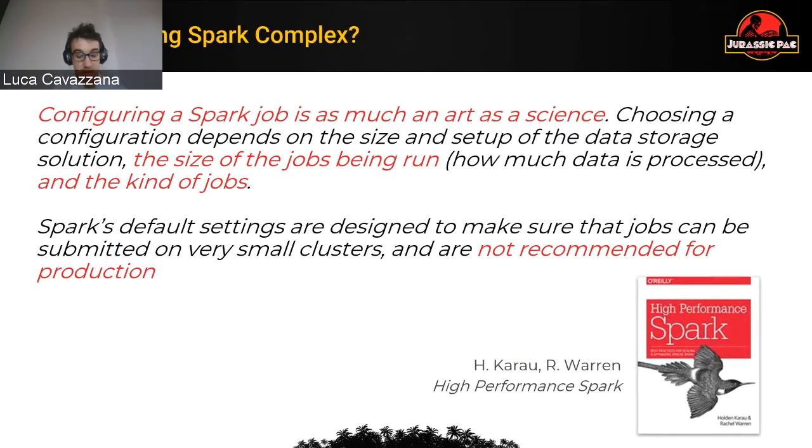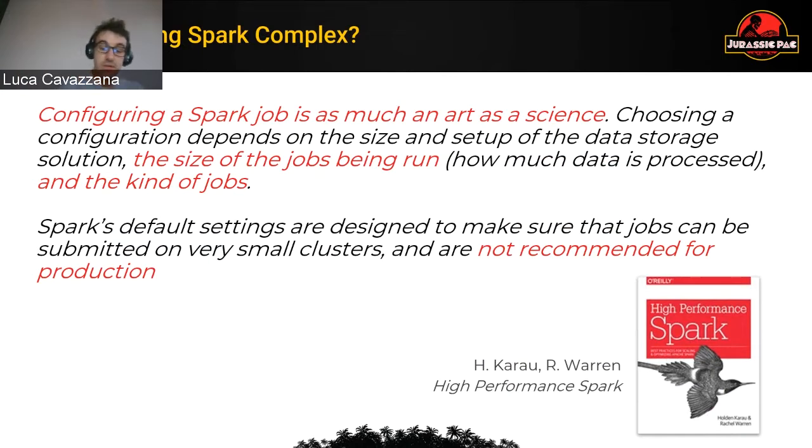Apache Spark is a challenging beast to tune because there are no universal rules that allow us to find the best configuration on any given cluster in any environment. It all boils down to the configuration depending on our application, on the underlying architecture, and how this application moves the data around.